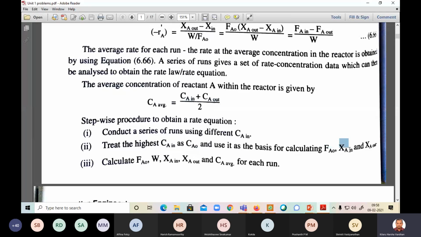You can calculate Xa in and Xa out once you know Ca. Then we can calculate Fa naught, W, Xa in, Xa out, and Ca average for each run. Once you do this for each run, with different Ca in values, you substitute in this equation.